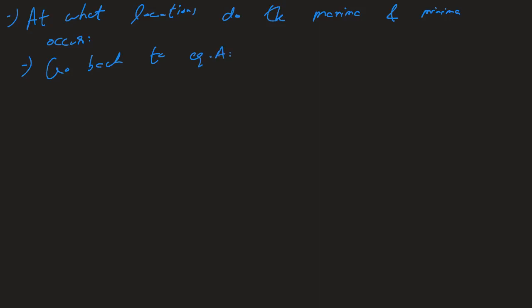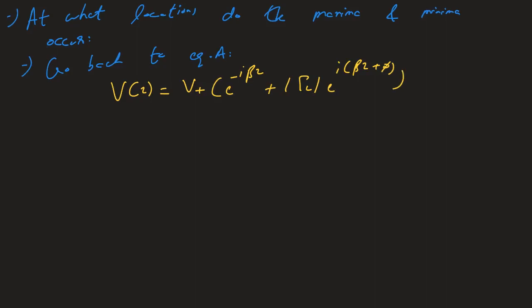Now equation A basically stated that V of z becomes equal to V plus times e to the power minus j beta z plus the magnitude of gamma L times e to the j of beta z plus phi, right?